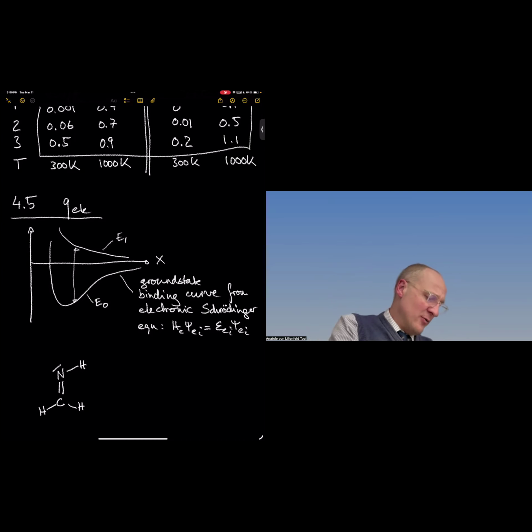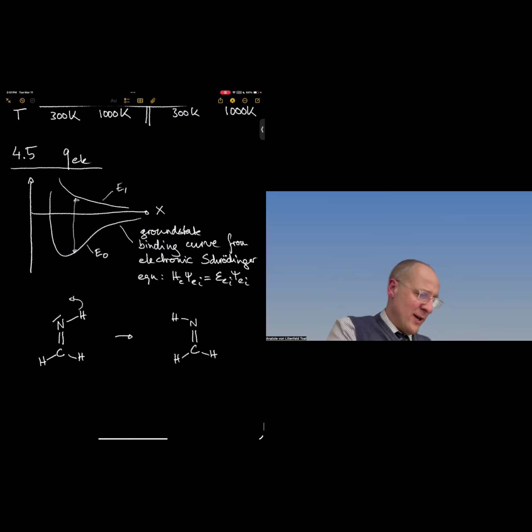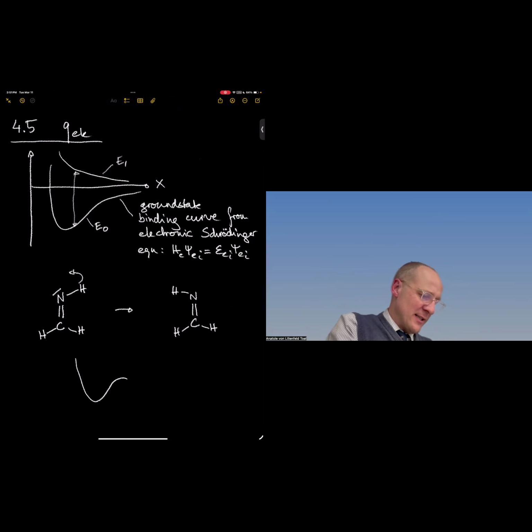And I can now rotate the proton out of the plane onto the other side. Now, due to rotational symmetry, I believe you'd all agree that this kind of process would be a double well. And this is indeed the ground state energy as a function of the dihedral angle of this proton.